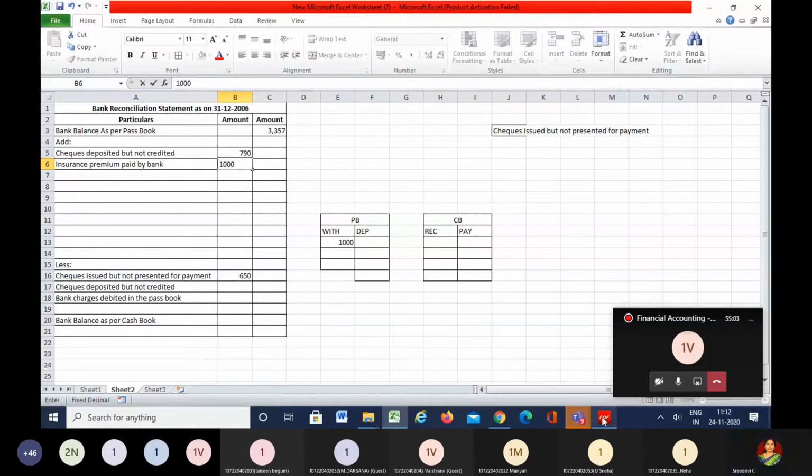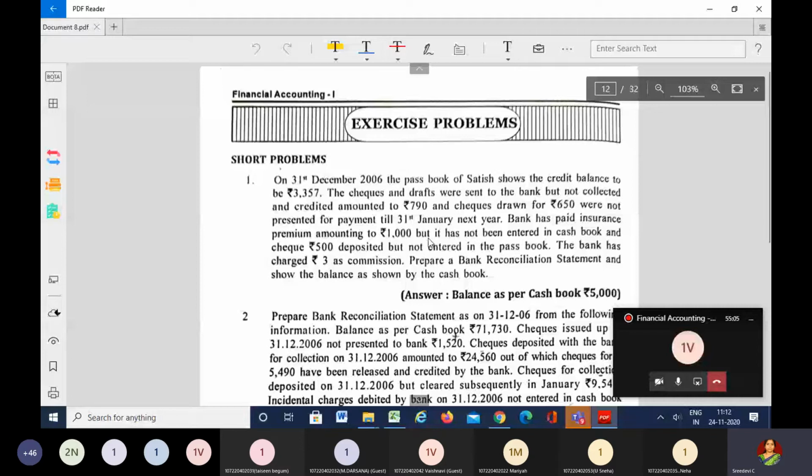Right? Now coming to the next. And the check for rupees 500 deposited but not entered in the passbook. Entered in the sense, not credited in the passbook.